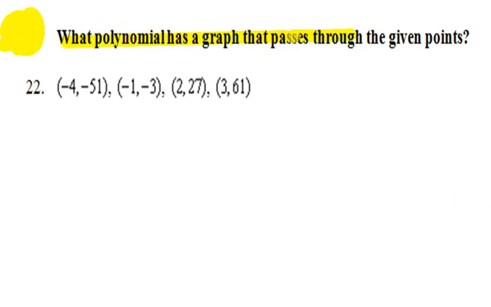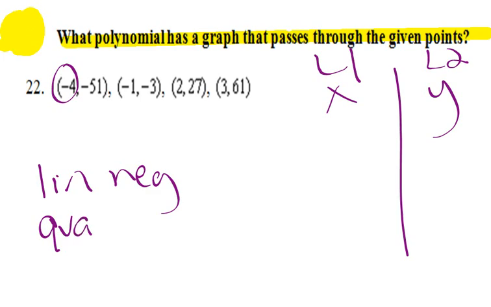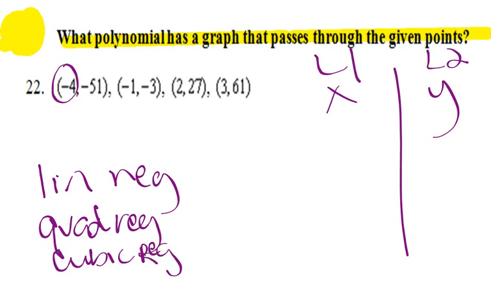What polynomial has a graph that passes through the given points? So you're going to take all your x values and put them in your L1 and your y values and put them in your L2. And then you're going to run the linear regression, the quadratic regression, and the cubic regression.